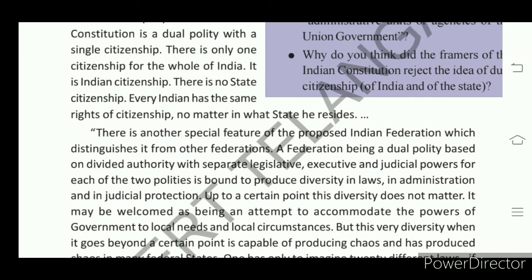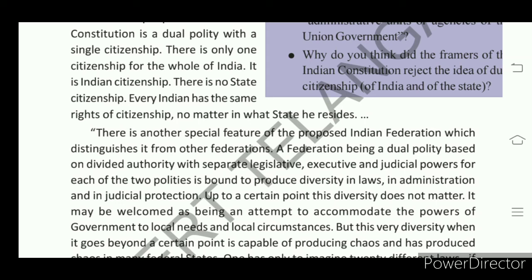We have single citizenship. We have dual services also. So what I want to say is that the similarity between American Constitution and Indian Constitution is dual polity. Remaining is difference.